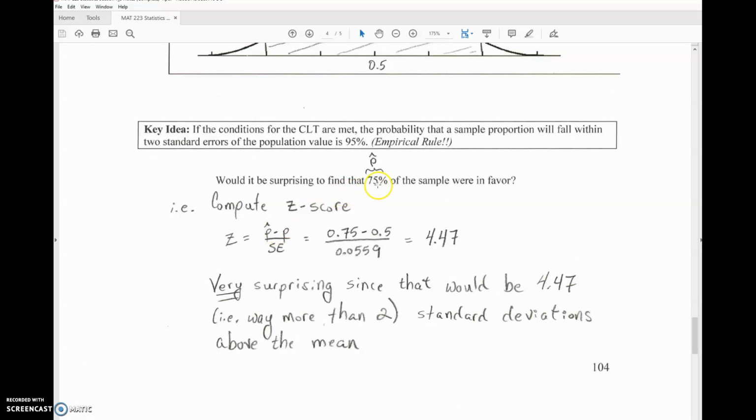So the surprising sample p hat would be 0.75 minus the mean of our normal distribution, 0.5, divided by the standard error, 0.0559, which gives us a z-score of 4.47. That means if we got 75% in our sample, that p hat would be 4.47 standard deviations above the mean of p. That would be very surprising. That's way more than 2 standard deviations above the mean.